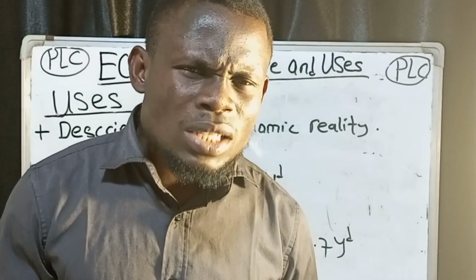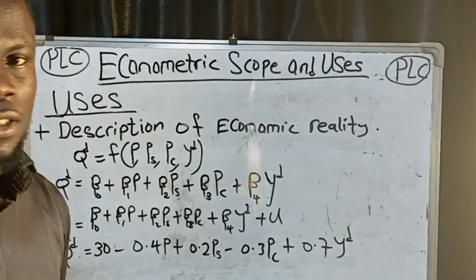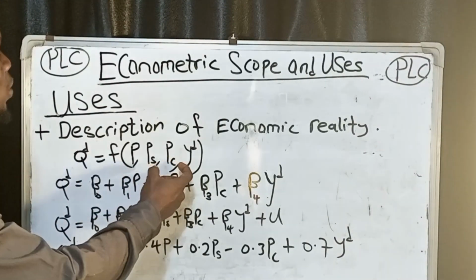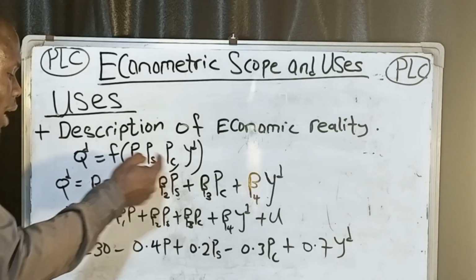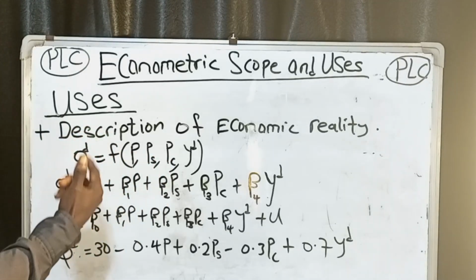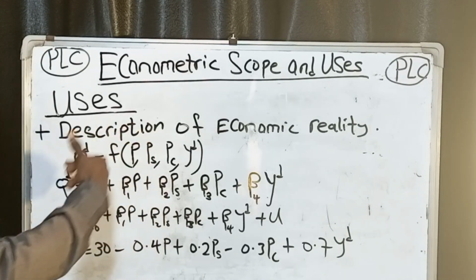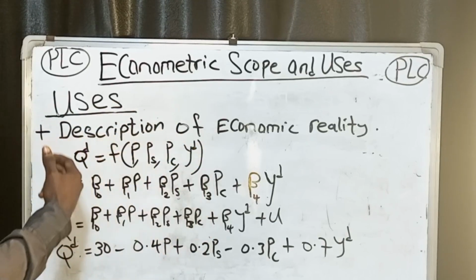Then, if we estimate our parameters, let's say we get something like this. Now, let's understand this clearly. This is stating that there's a form of relationship between this and the quantity of the commodity demanded. That is, each of them has an influence on the quantity demanded.